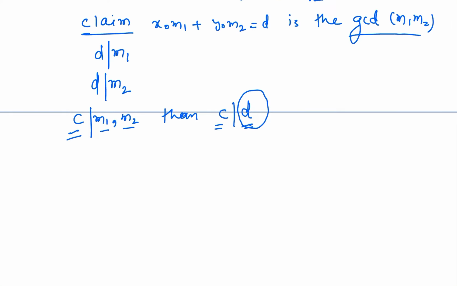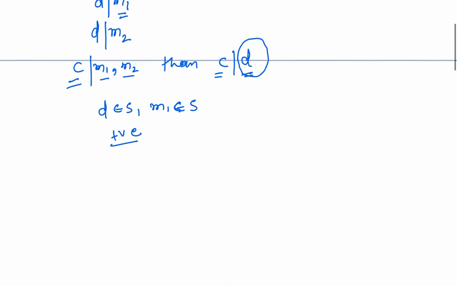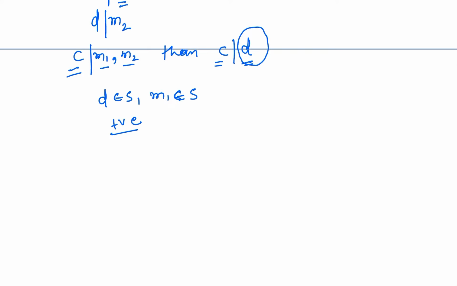First of all, we need to prove that D divides M1. Since D belongs to S, M1 belongs to S, that means both are positive. Then we can apply the division algorithm.